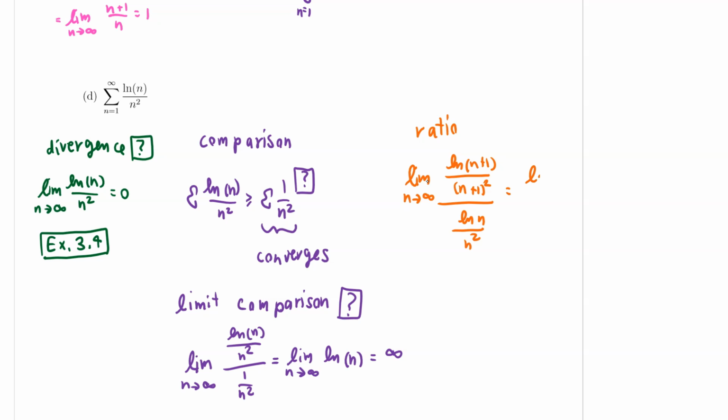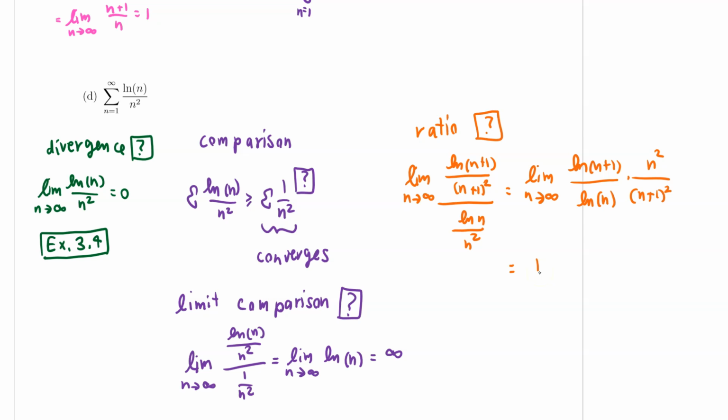Let me rewrite it this way: it's going to be log of (n+1) over log of n, times n squared over (n+1) squared. Now we can compute the limit of these two guys using L'Hopital's rule, and they are both going to equal 1. So this is just going to equal 1. Now, when the limit of the ratio is equal to 1, I can't conclude anything using the ratio test.